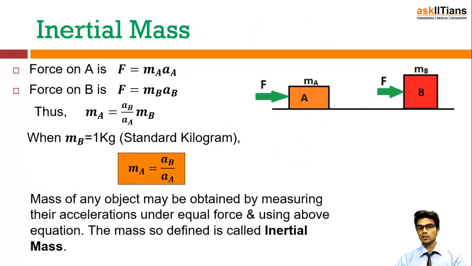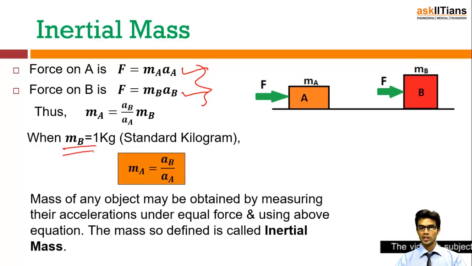Let us consider two masses ma and mb kept on the surface of the earth, and an equal force F is applied on both masses A and B. According to Newton's second law, F is equal to ma times aA on particle A, and F is equal to mb times aB on particle B. Since both are equal to F, solving these two equations we get ma is equal to aB divided by aA into mb.